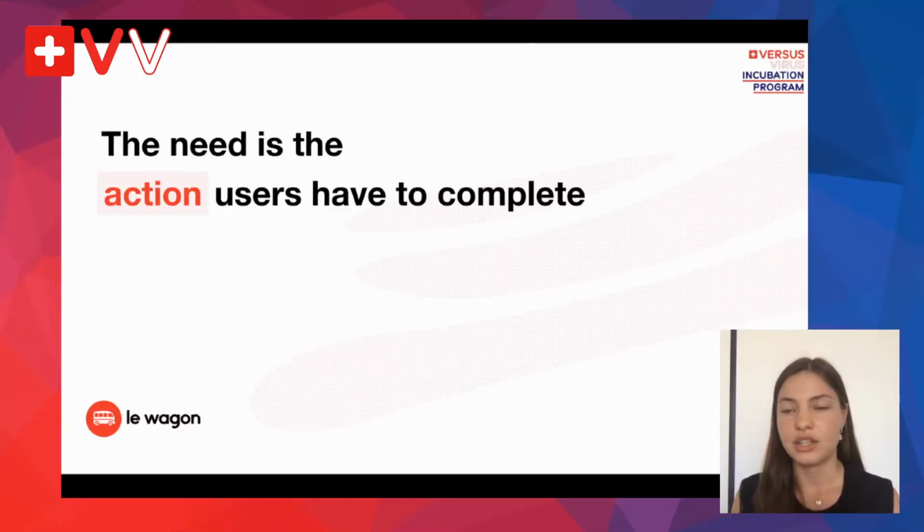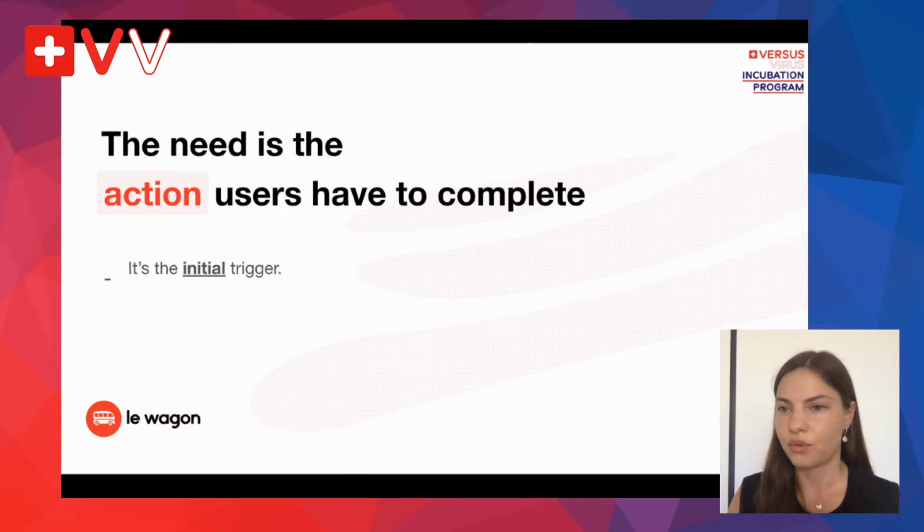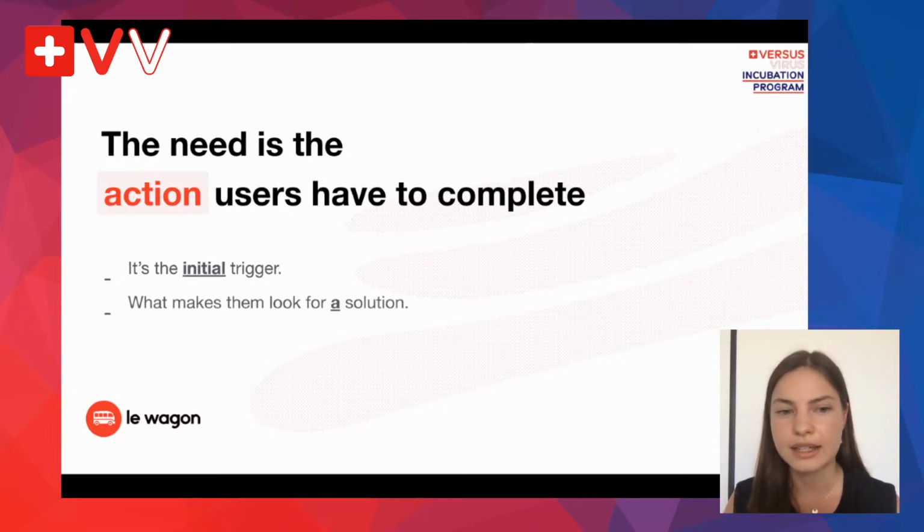To do that, you need to understand the need and the action that the user will complete. Usually the need is the easiest thing to define because it is the initial trigger that the user has that will lead him to look for a solution for whatever problem he has.